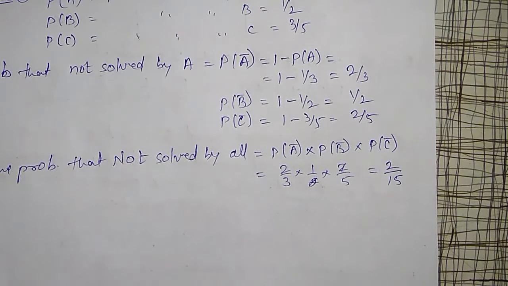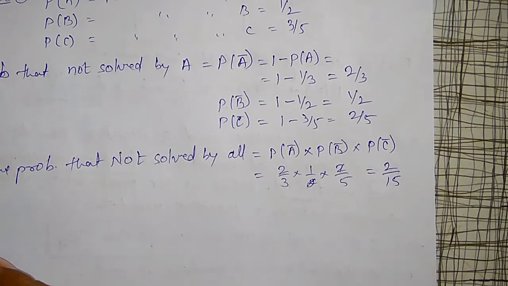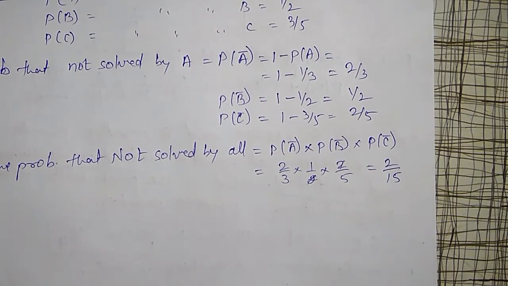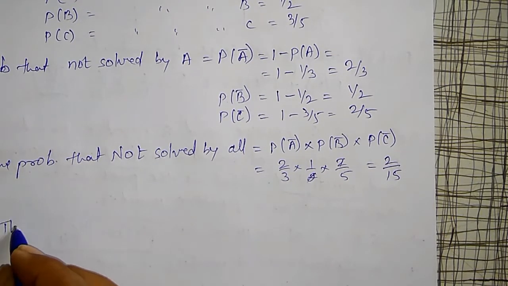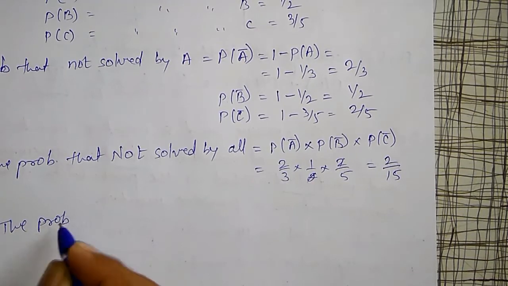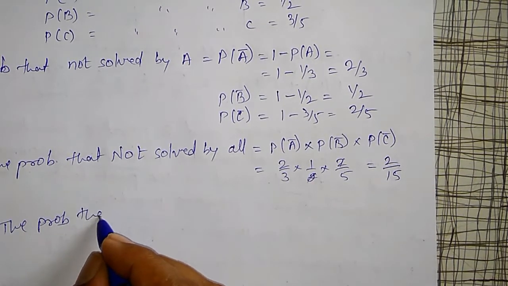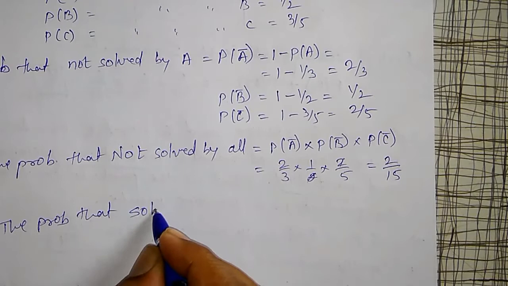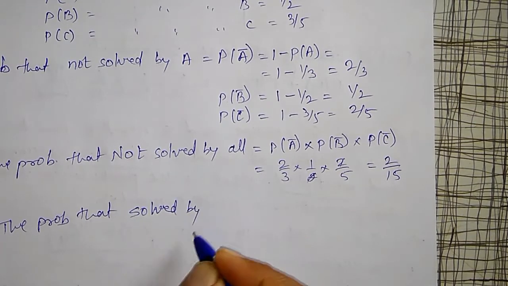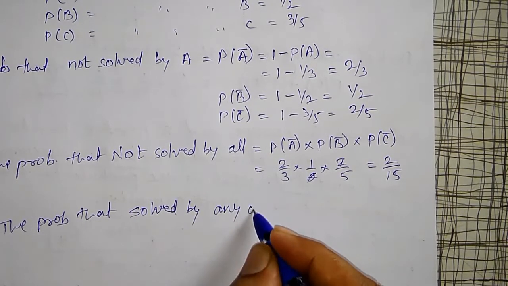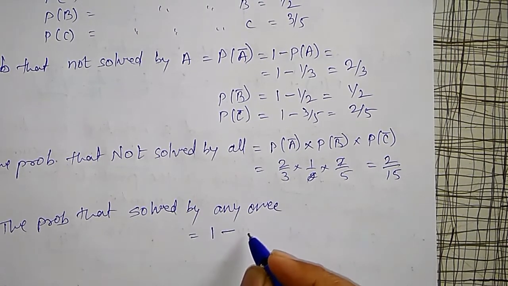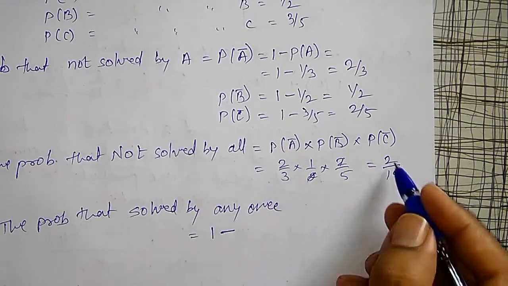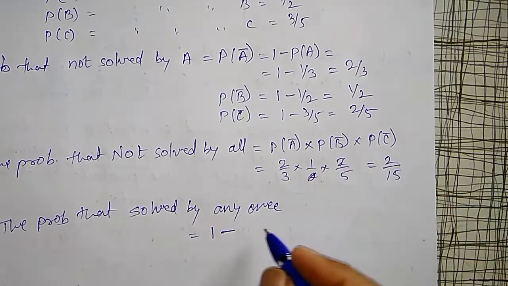Therefore, the probability that it is solved by anyone is equal to 1 minus the probability not solved by anyone.